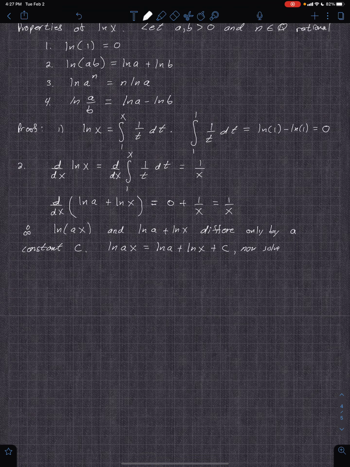Now solve for C, and then we choose x to equal 1.